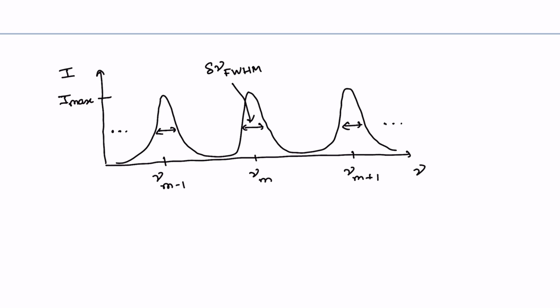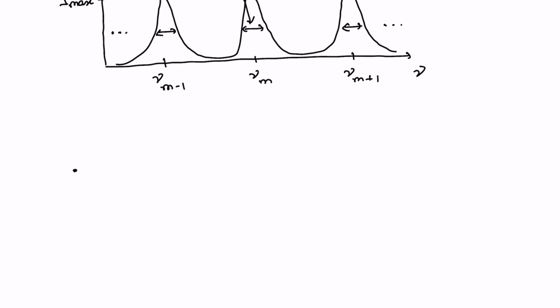This quantity depends on the cavity lifetime, which means how long the photon can sustain its oscillation inside the cavity without getting lost. So it in turn is associated with the finesse of the cavity. You can consult any textbook, but what is important for us is that this particular expression delta nu FWHM is given by FSR divided by finesse F.